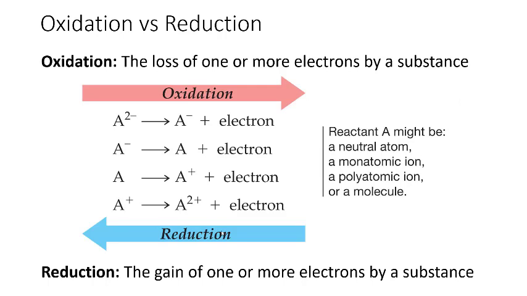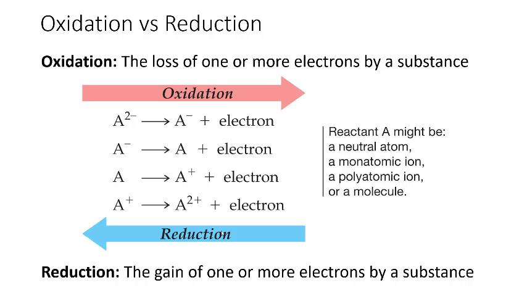So oxidation is defined as the loss of one or more electrons by a substance, whereas reduction is defined as the gain of one or more electrons by a substance. These terms seem a little bit confusing at first if you think of reduction as being a gain of electrons, so let's think about where this name reduction comes from.